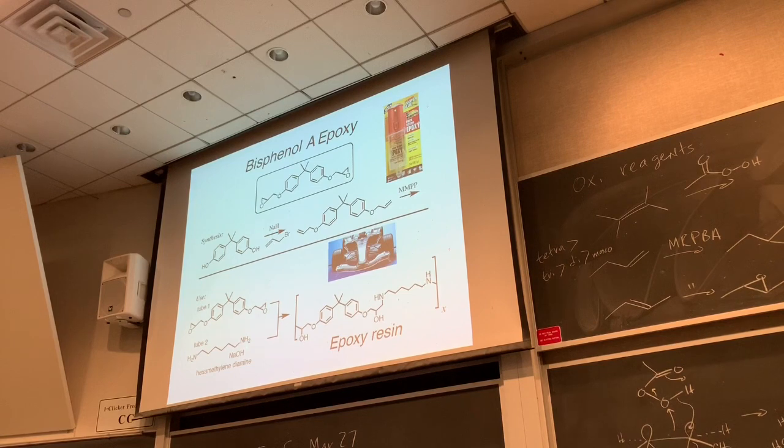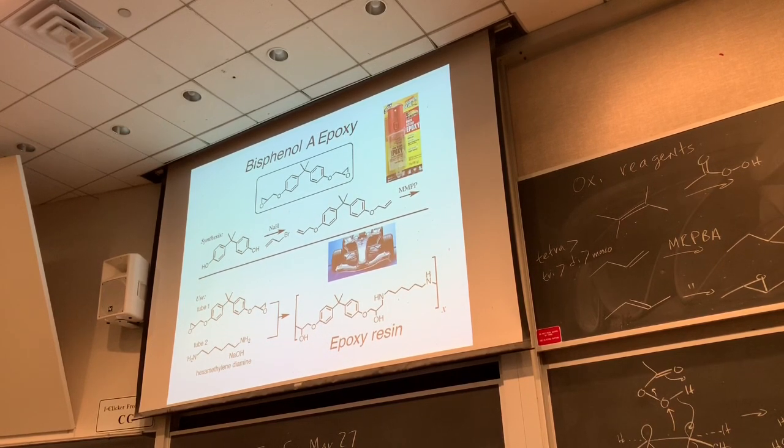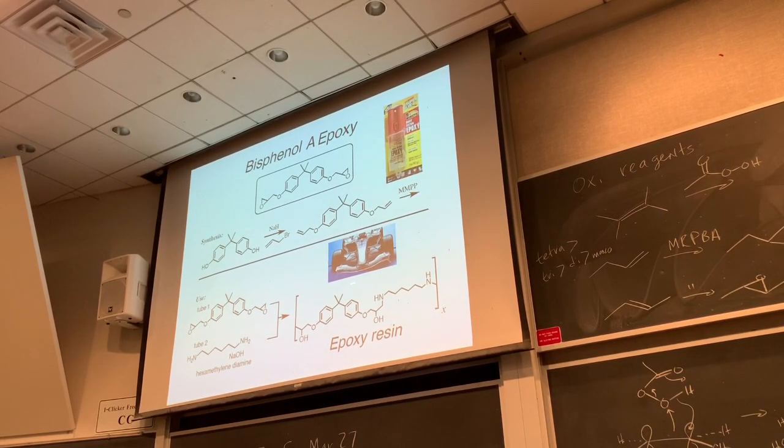And when these two come together, the amine opens up the epoxide, cross-links, and forms this covalent epoxy resin. Very durable material, very strong materials. They make all sorts of things, including car parts and other things. But here's how it's made. Here's how the epoxide is made industrially.